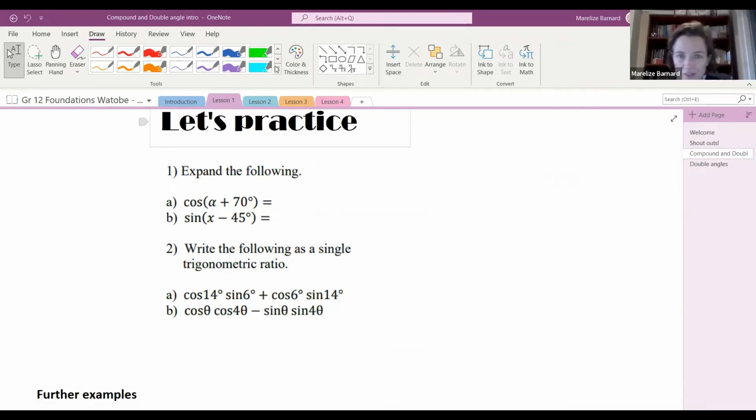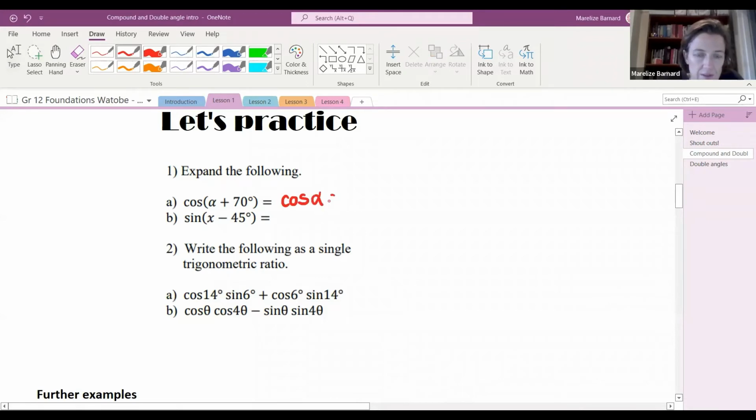Okay, we've got some answers already for cos alpha plus 70. So that's cos A plus B. So we're going to write that as cos alpha cos 70 minus sine alpha sine 70.